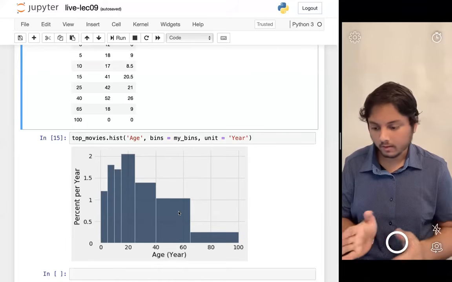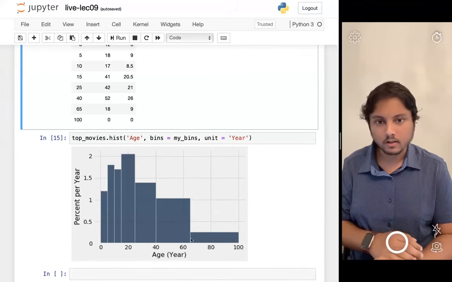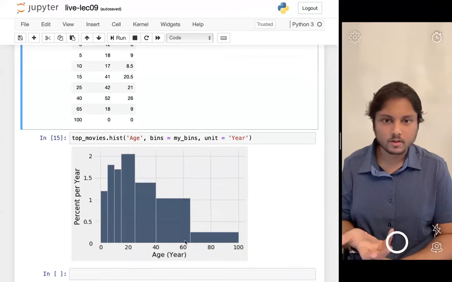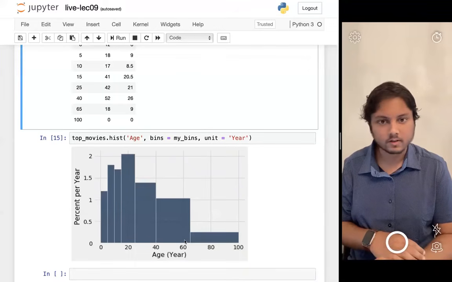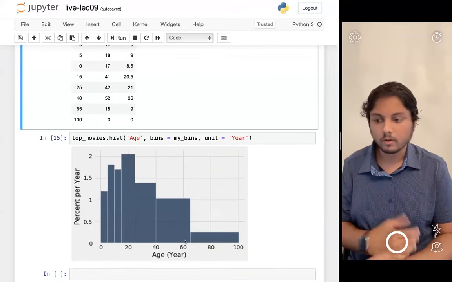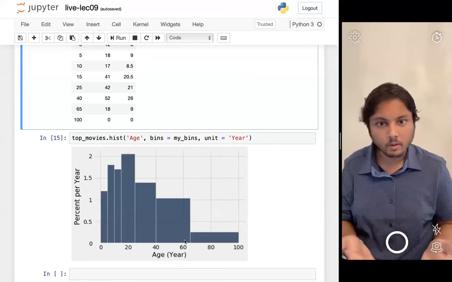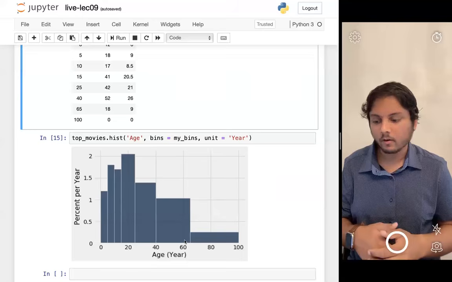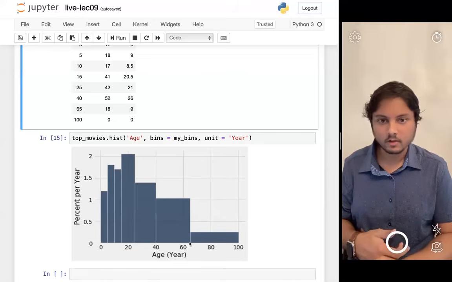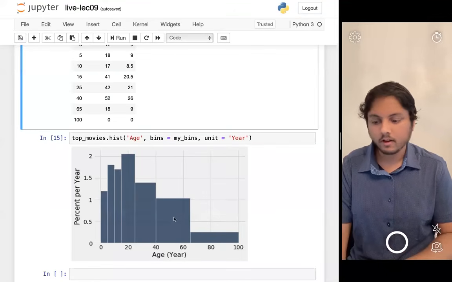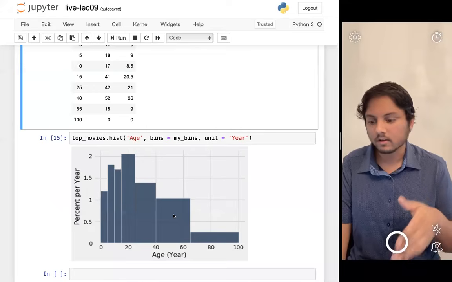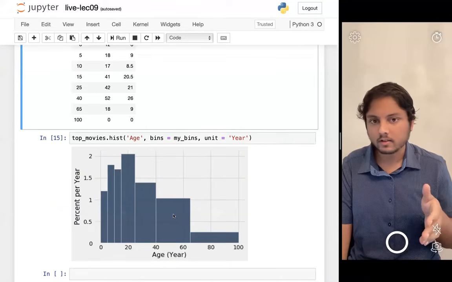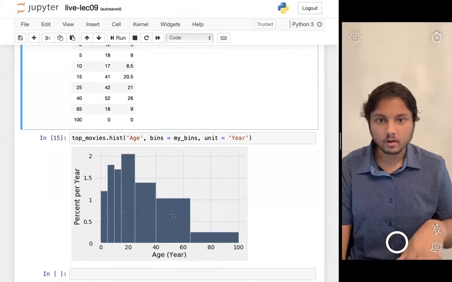And we know the width in this case is in years, how many years are represented in that bin. For example, this is 40 to 65 years. We know from geometry that the area is the length times the width. The width is in years, and the final result is in percent, so the units along the y-axis need to be percent per year.